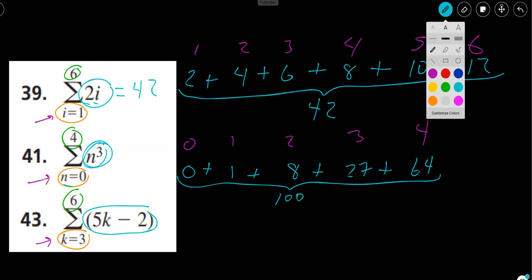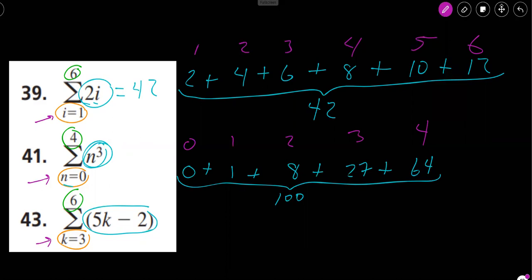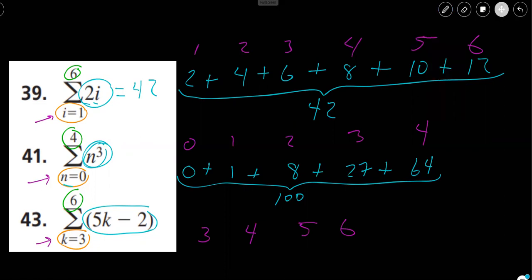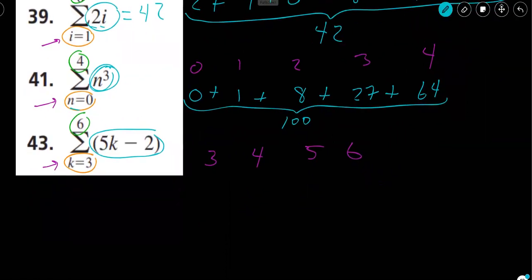All right, let's do the last one. We're doing position 3 through position 6. I like it when it's only a few terms that we have to add together. And my rule this time is I'm taking whatever my k value is, whatever position I'm in, and I'm multiplying it by 5 and then subtracting 2.